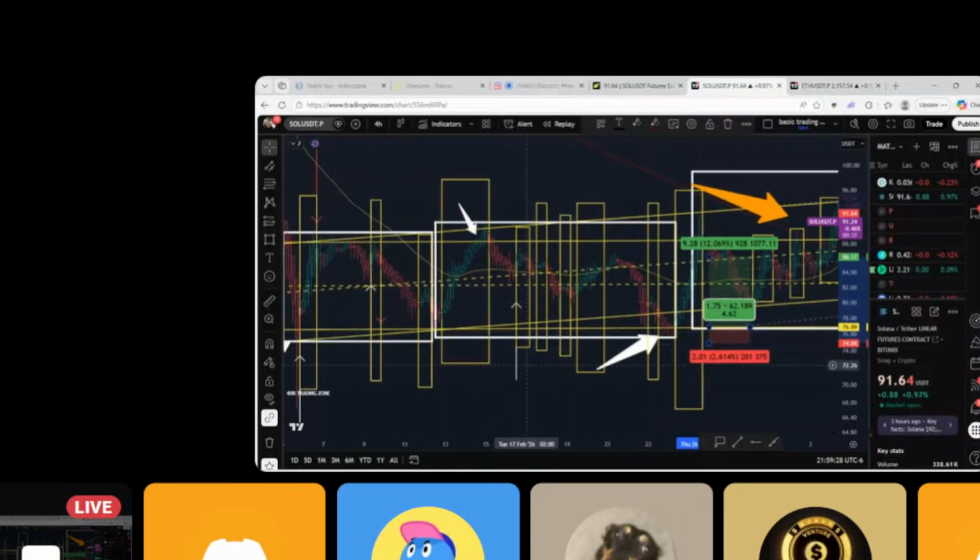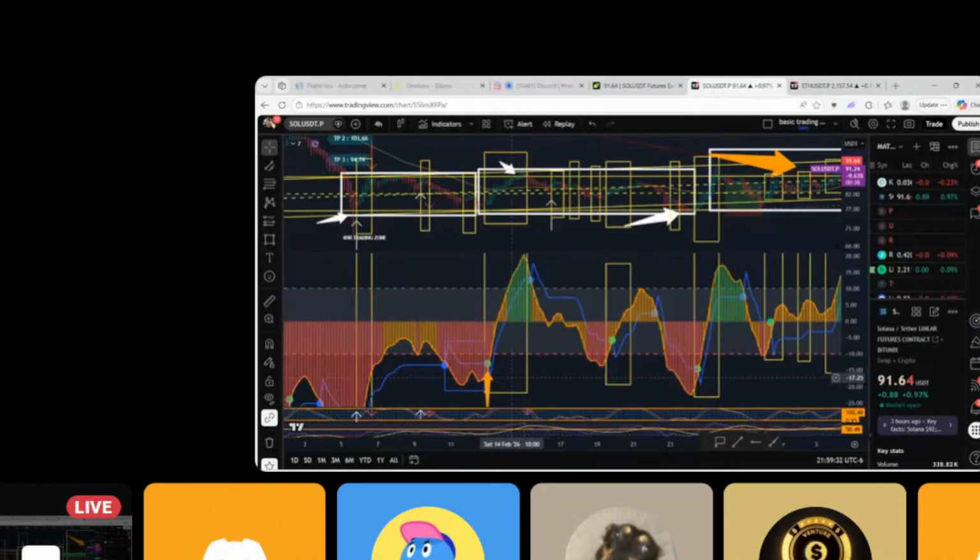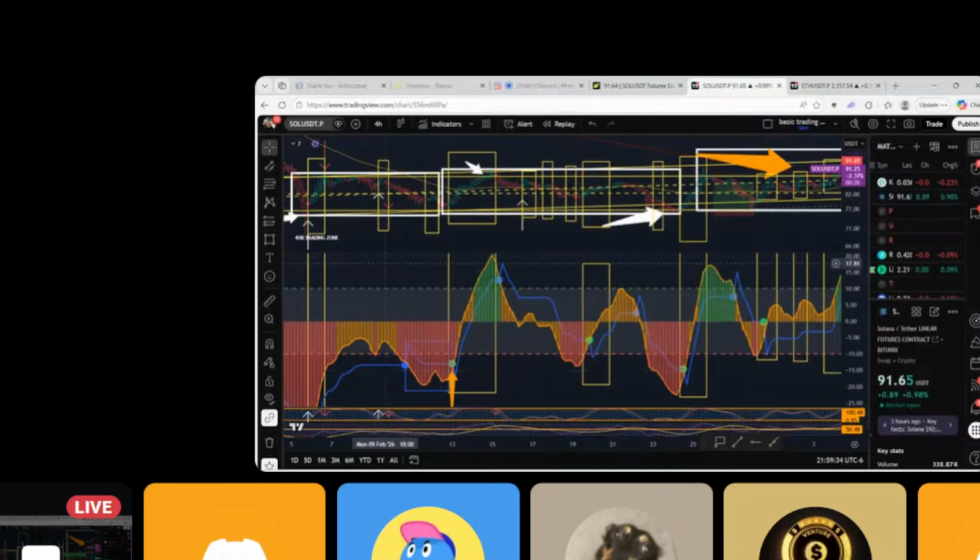The difference is if we went here and put a blue box when there's a blue moon. Basically the blue box is this, see the blue moon down here? That's when the blue moon pops up.